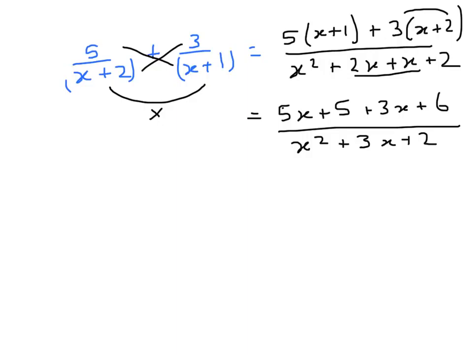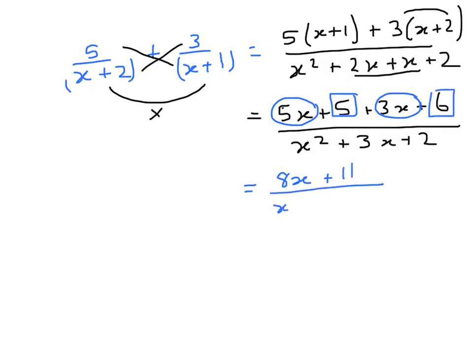Can you see I can simplify this on the top. I've got 5x and 3x equals 8x plus, I've got a 5 and a 6, 11 on the top, and x squared plus 3x plus 2 on the bottom. Now remember, this is as far as we can go. I can't go and cancel that 8x with some of these because I've got the plus in here.